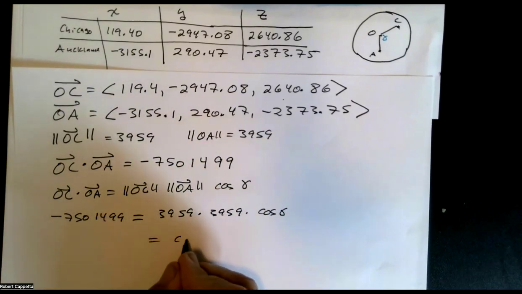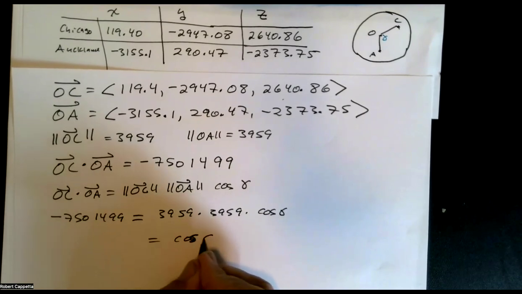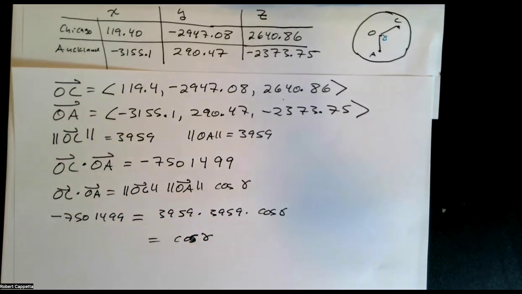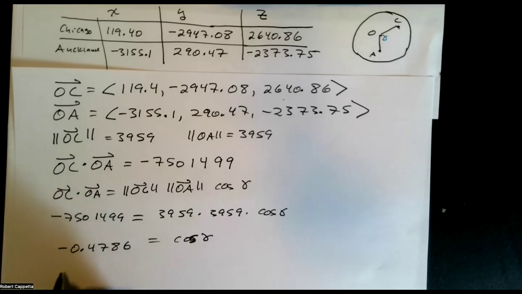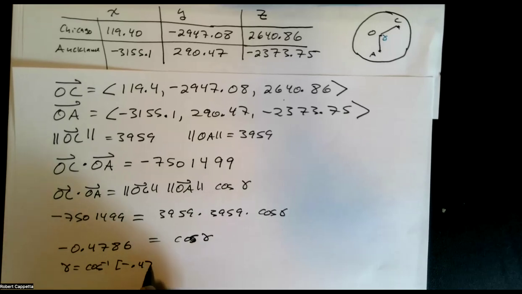Doing the algebra then, what does cos gamma equal? I get about negative 0.4786, which tells me that that angle is going to be obtuse. Yes, if the cosine is negative, I have an angle between 90 degrees and 180 degrees. So gamma is the inverse cosine of negative 0.4786.